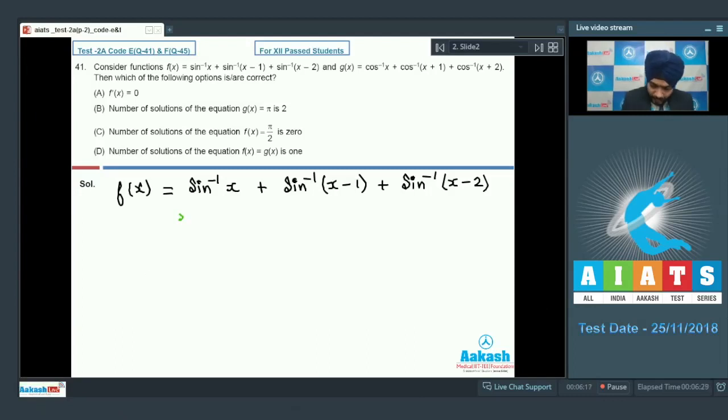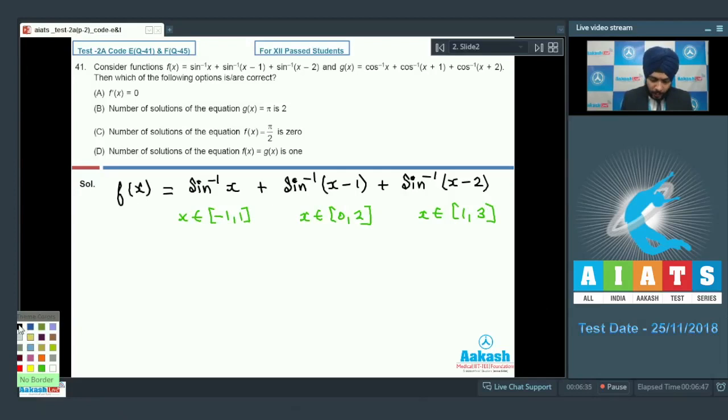From here, I will get x belongs to minus 1 to 1. From here, x belongs to 0 to 2. And from here, x belongs to 1 to 3. So the only possible value in the domain of f(x) is x equal to 1. That is the only possible option.